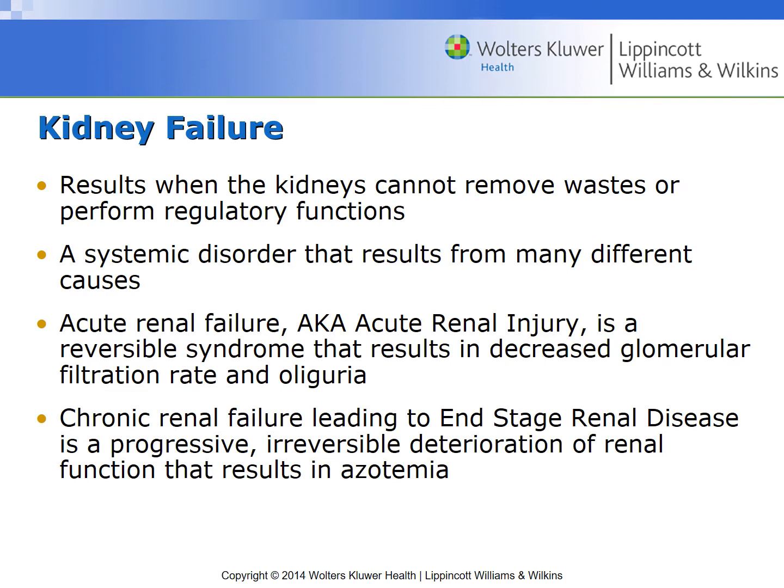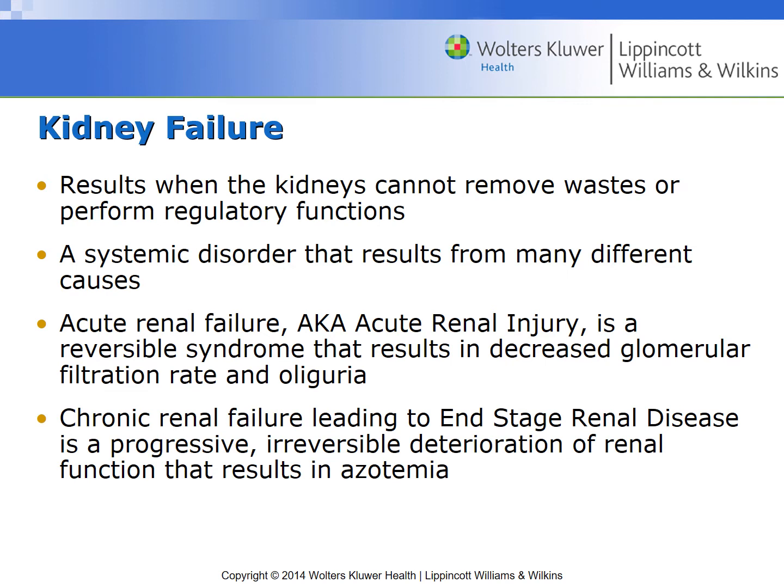We see that oliguria as well with acute renal failure, and that can be less than, sometimes you'll see 400 milliliters per day or 500 milliliters per day. Or there's actually a non-oliguric phase that can occur as well, and that can be a loss of greater than 800 per day.